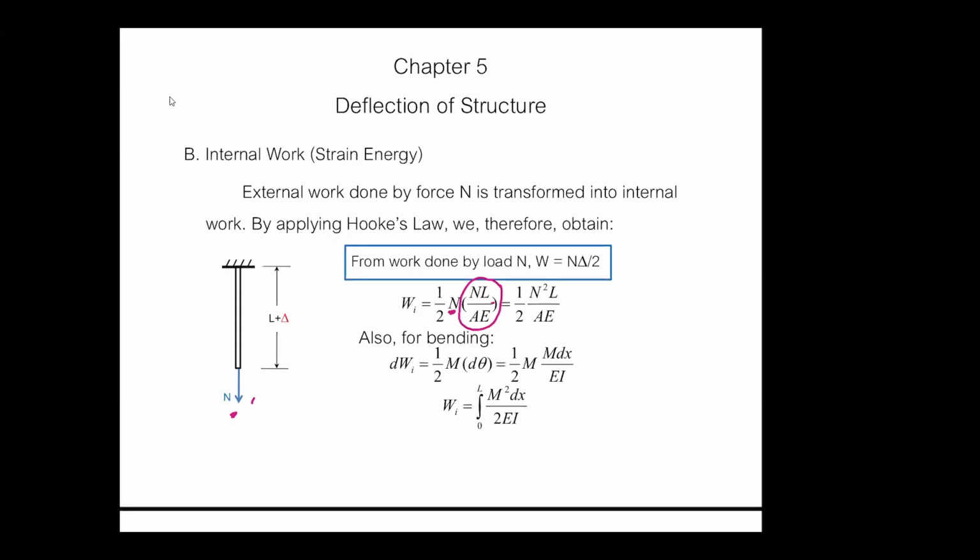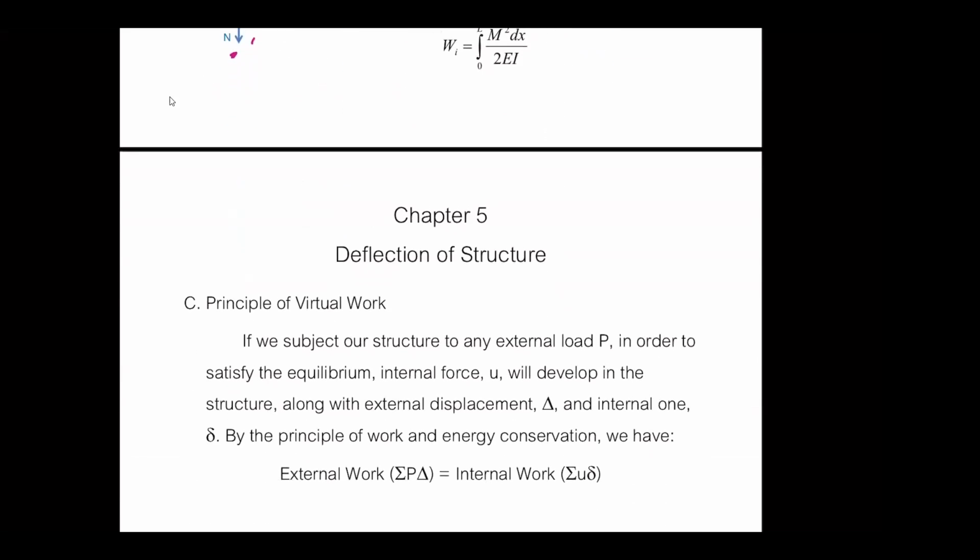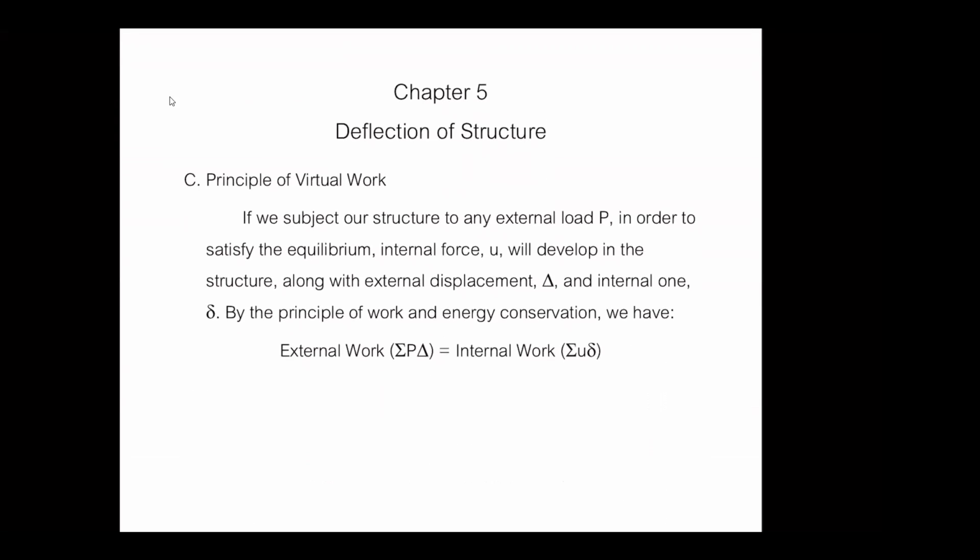And because the force is coming from 0 up to N, you have a half in front. So that becomes the work done by the force. Okay. And we're not using that directly, but we are going to look into the principle of virtual work.